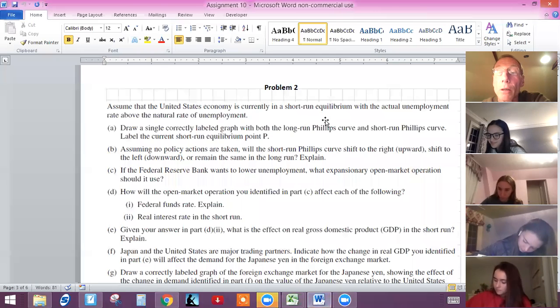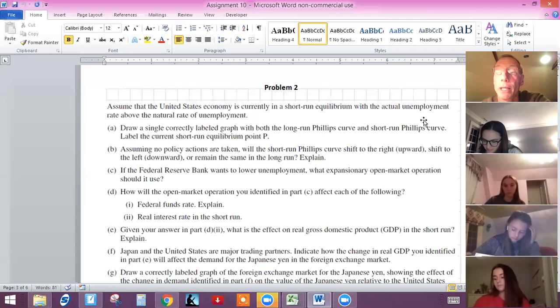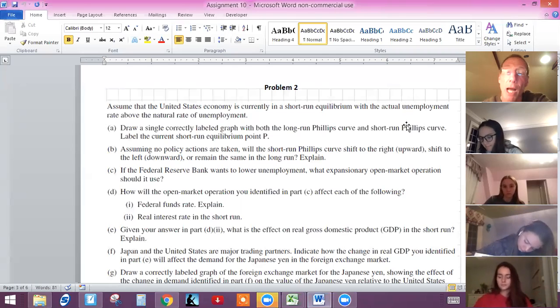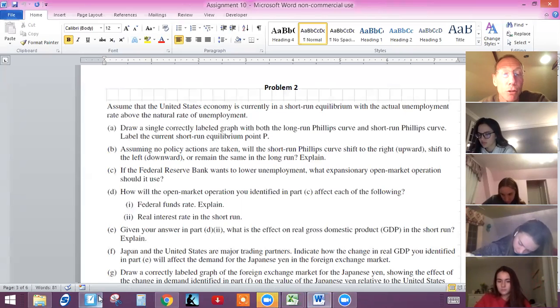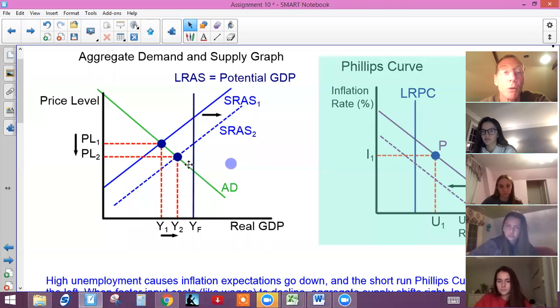Read this again. Oh, the unemployment rate. You have to be careful. I read that as employment rate. I didn't see the "un" just now, but when I actually did it, I did it correctly. So if the unemployment rate is above the natural rate, that means we're in a recession, which means we're somewhere below full employment, because this graph shows full employment.